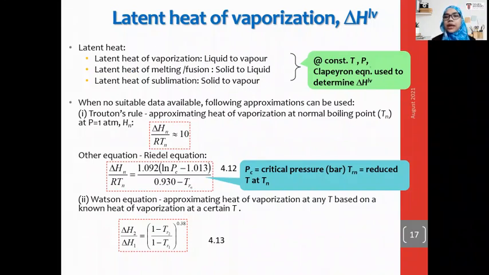All of these occur at constant temperature and pressure. So we can use the Clapeyron equation to determine the latent heat.